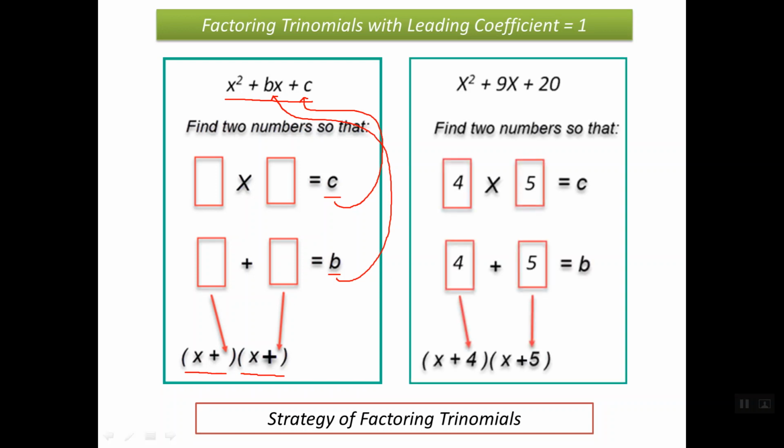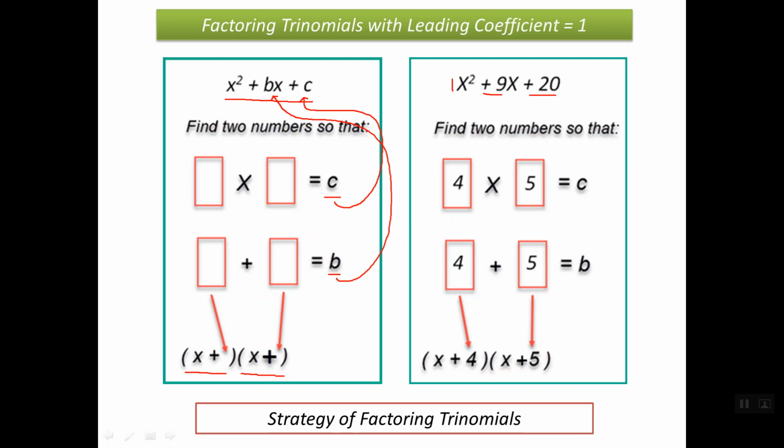Let's have this example. If we have the trinomial x² plus 9x plus 20, the coefficient of x² is 1, so a equals 1, b is equal to plus 9, while c is equal to plus 20.